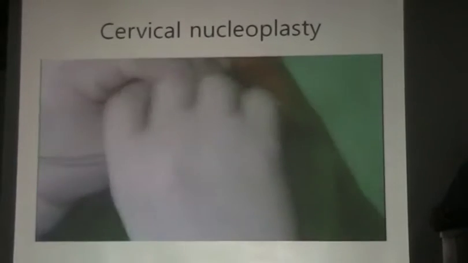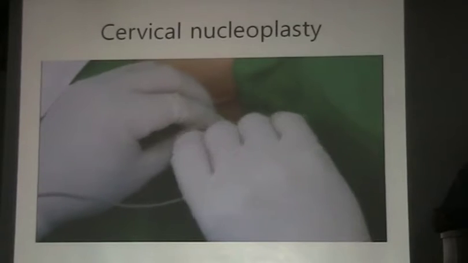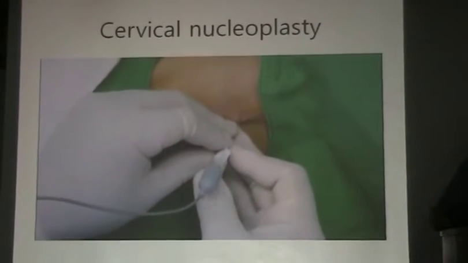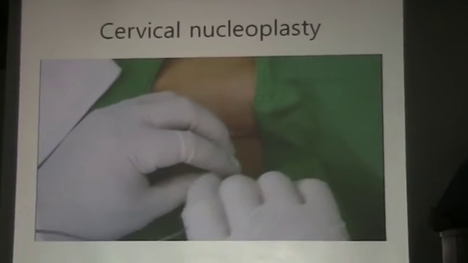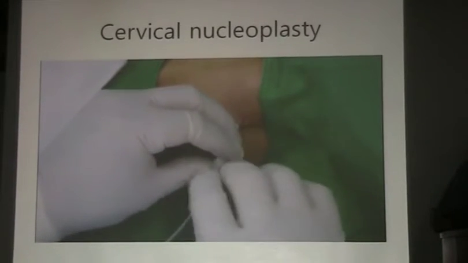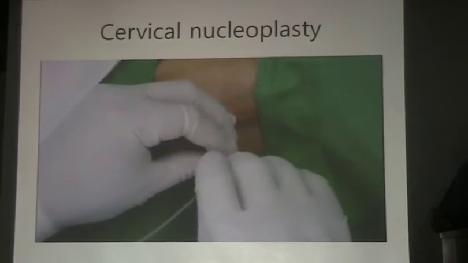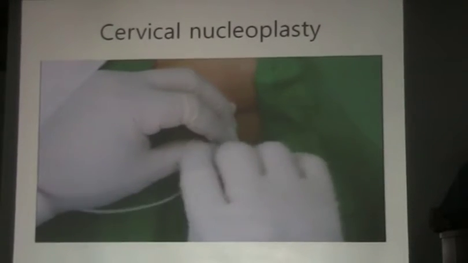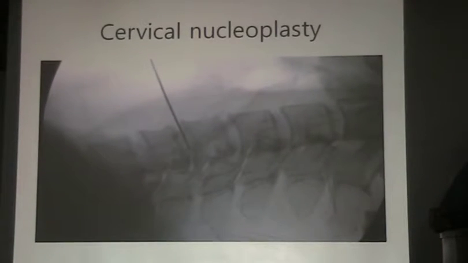Make lesions around the foramen. It is important because our target is located in the posterior area and in the foraminal area. So making lesions in the foraminal area is very important to have success in cervical nucleoplasty. You can see the tip of the needle in the foramen.